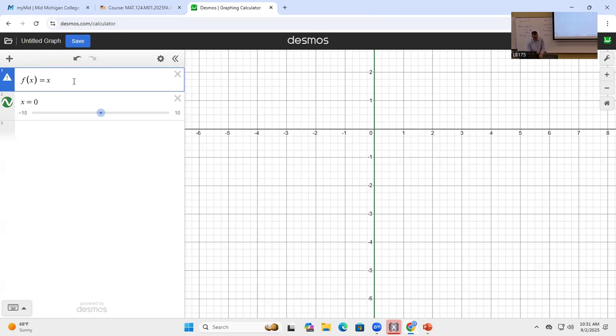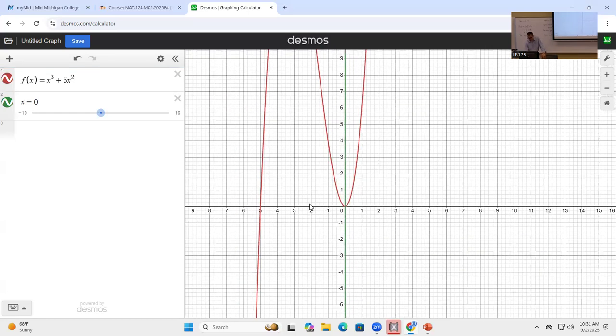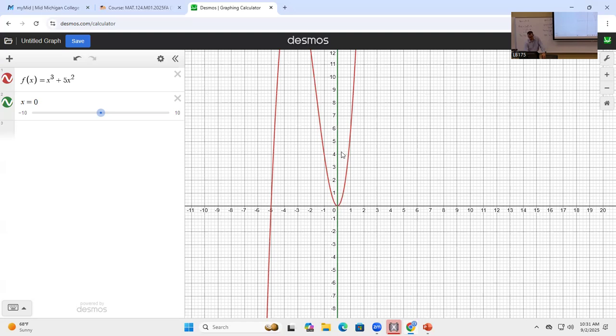For the next one, it was x to the third plus 5x squared. That is definitely not symmetric across the y-axis.